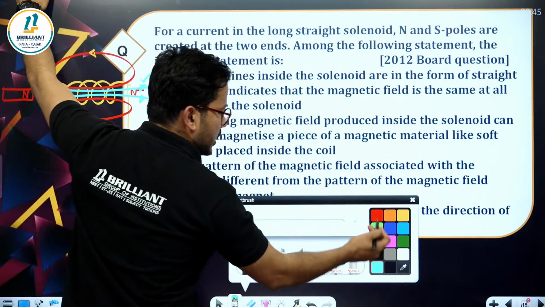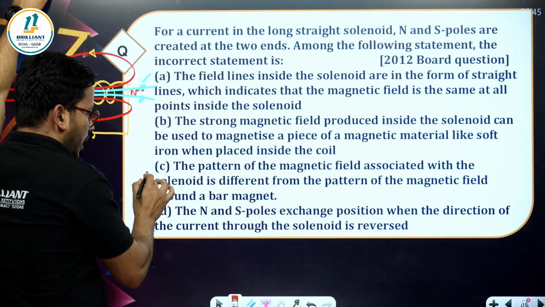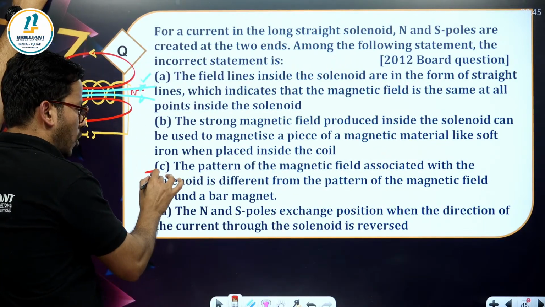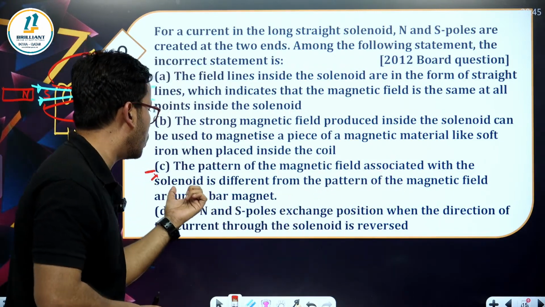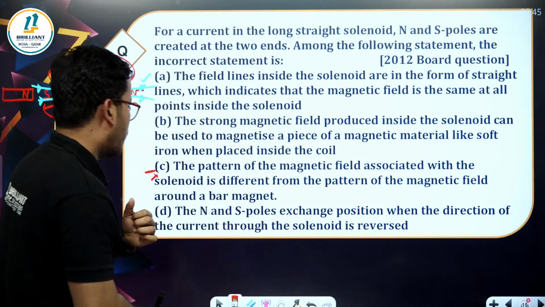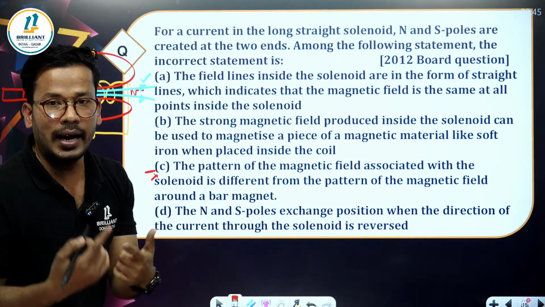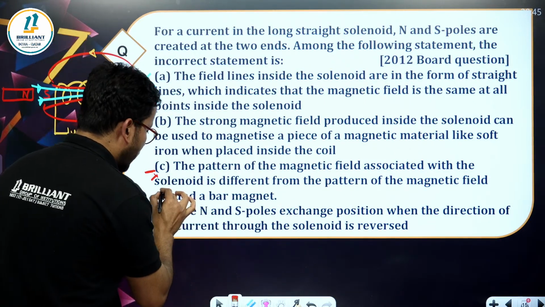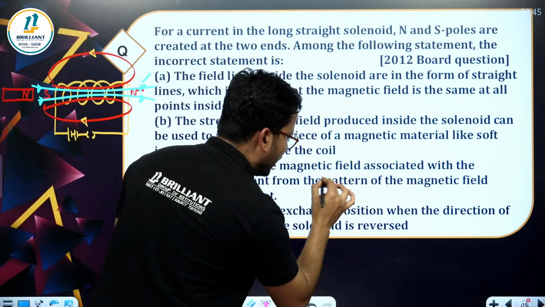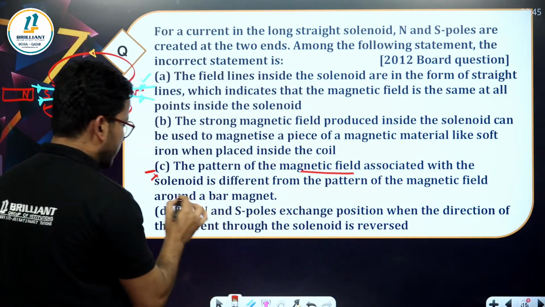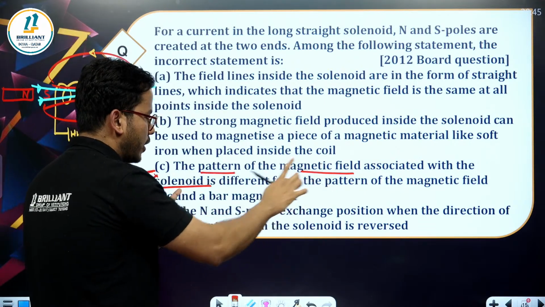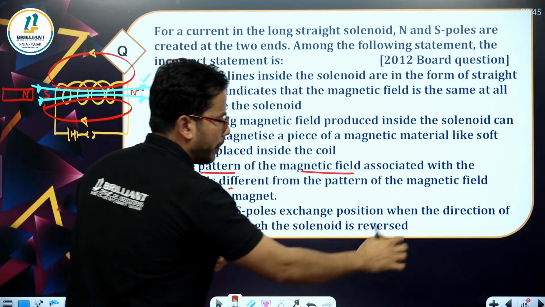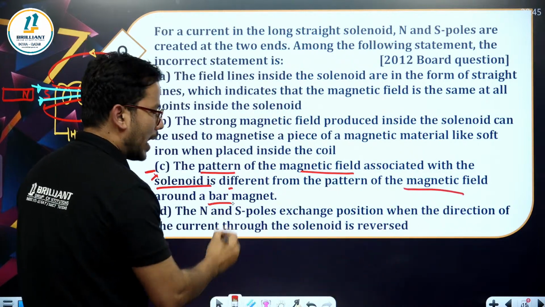So see, when I was telling you that this part should be the correct answer, and this is wrong as well, the incorrect statement is: the pattern of magnetic field associated with the solenoid is different from the pattern of magnetic field around the bar magnet. I'm highlighting the key, okay, understand properly. The magnetic field pattern of a solenoid is different from the pattern of magnetic field of a bar magnet.